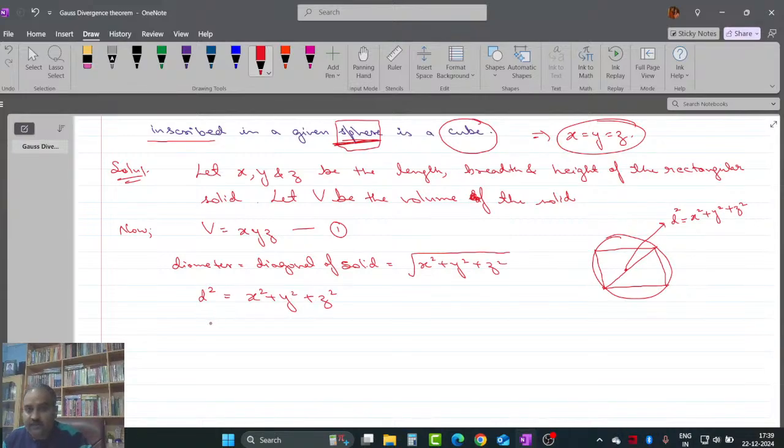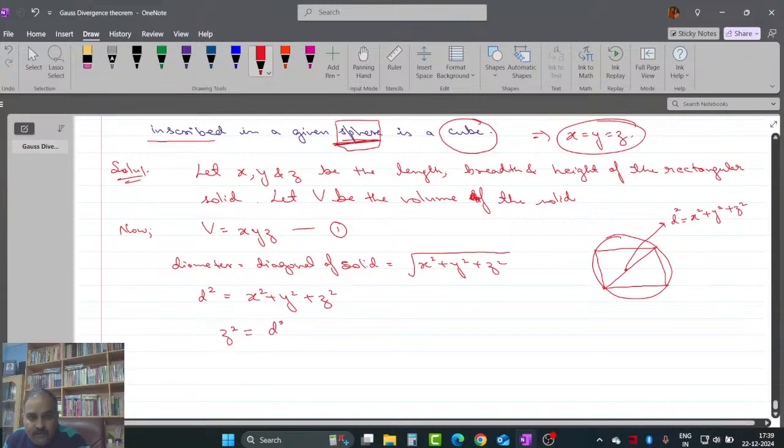Since we know that when we are finding the volume, maximum and minima, we only require a two variable system. Here we have a three variable system, so I'll be calculating the value of z from this part. z square will be d square minus x square minus y square. I'm not using the root part, that will make it quite typical.